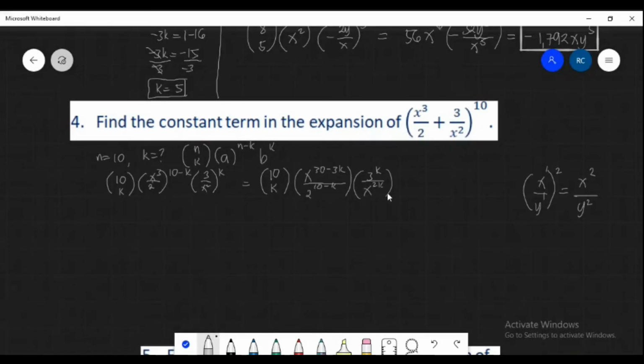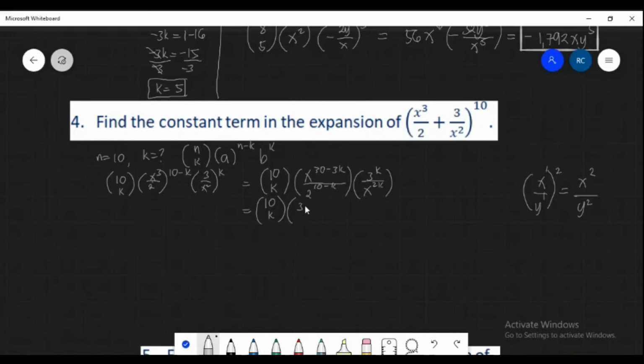Okay, alam nyo naman na siguro yung next dito, we have to combine yung same na base at equate natin sa 0. Okay, so combine. So ito ay 10 combine k times, ipagsamahin na natin constant.